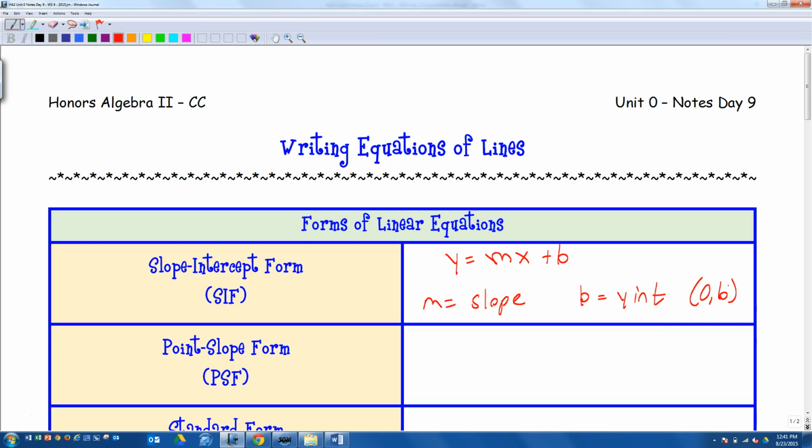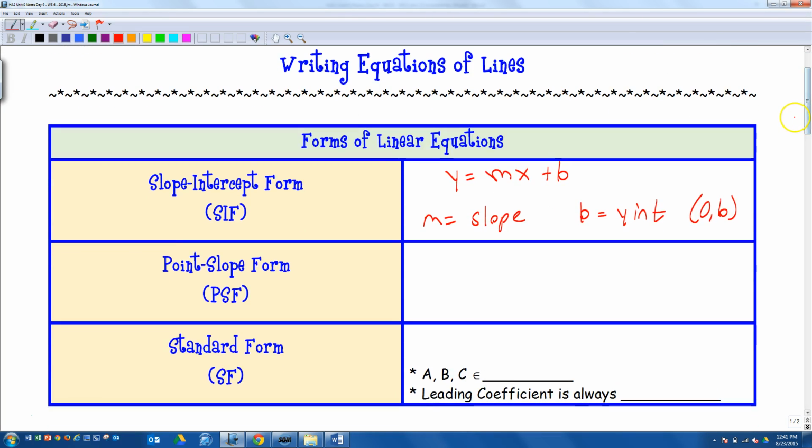Okay. This next form is the most important one, I think, because you always start with it. So this is really what happens when you solve. You do this one first, go to that one, and then finish with standard. What's nice about this one is you don't need the y-intercept, you just need a point. Okay? So this is y minus the y-coordinate of the point equals the slope times x minus the x-coordinate of the point.